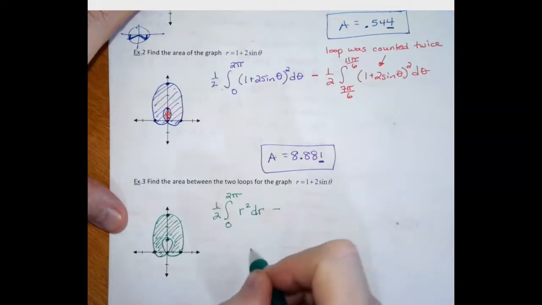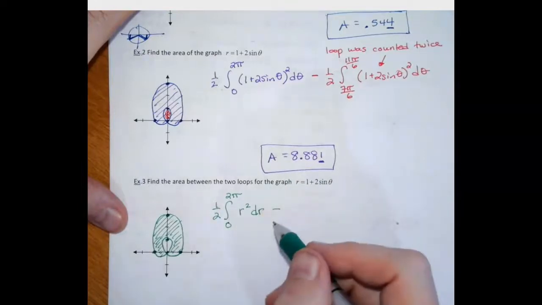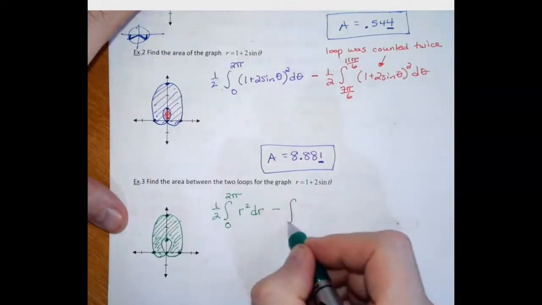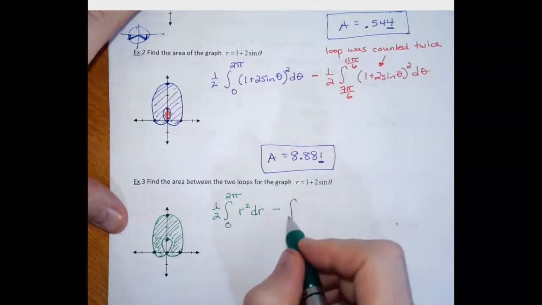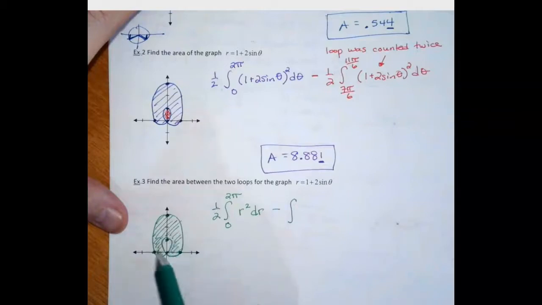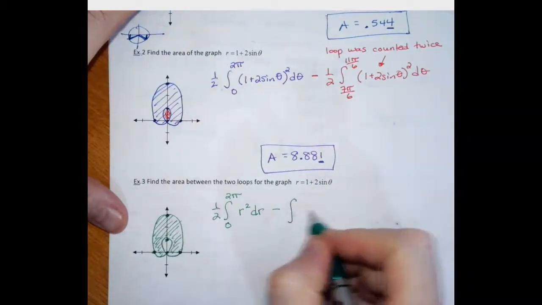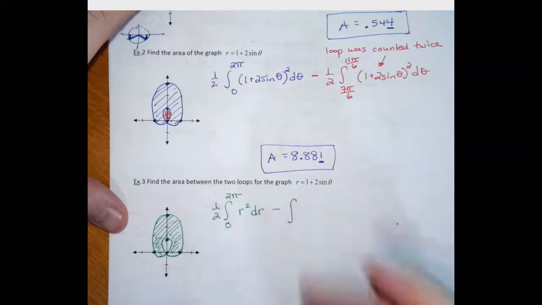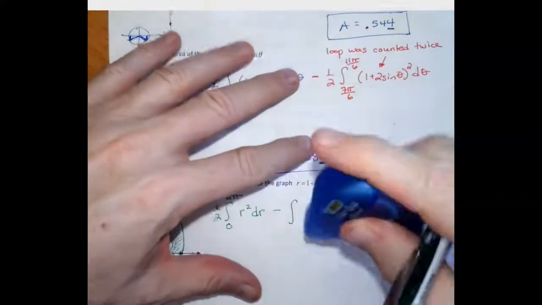And then, well, maybe we should write it out the other way. Now here, remember, it's 1/2, but this loop is actually being counted twice. So if we just want this area, we're going to have to subtract out, maybe I should have put that 2 times 1/2 to emphasize that here.